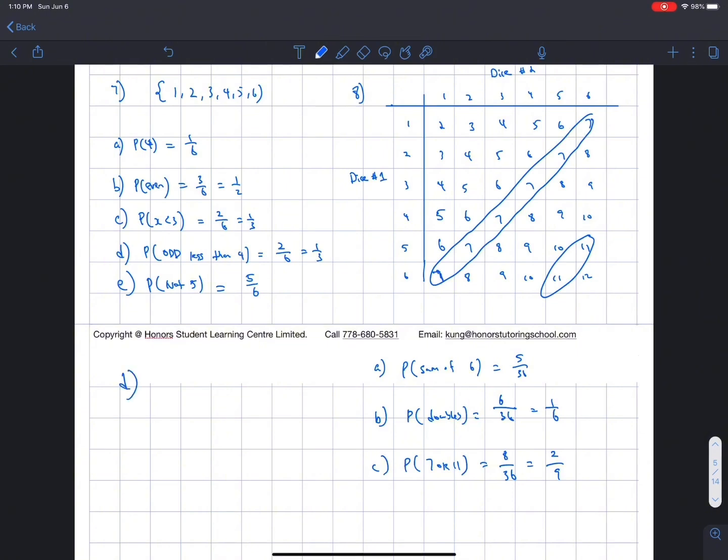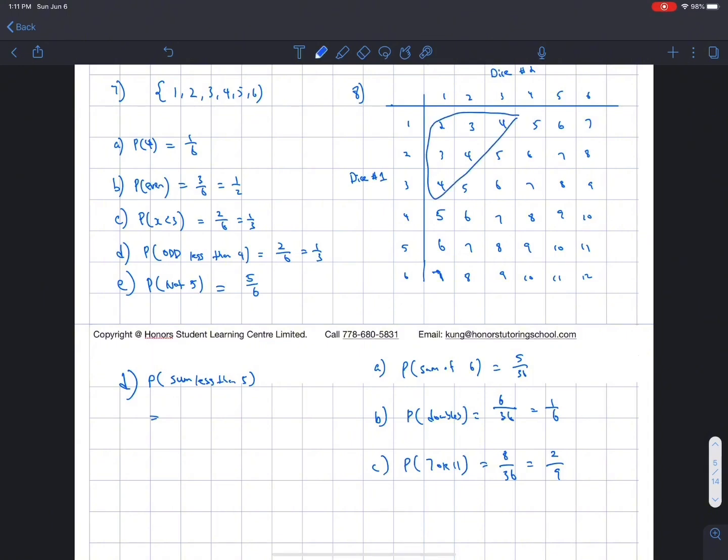D. Sum of less than 5. So a sum of less than 5 will be these ones: the 4s, the 3s, and the 2s. So we have 6 out of 36. Let's simplify this to 1 over 6.